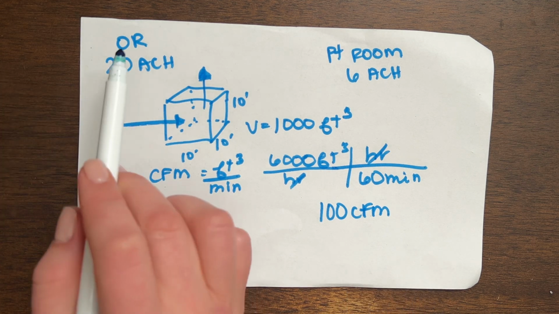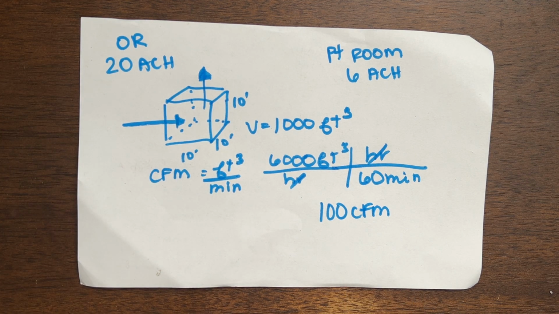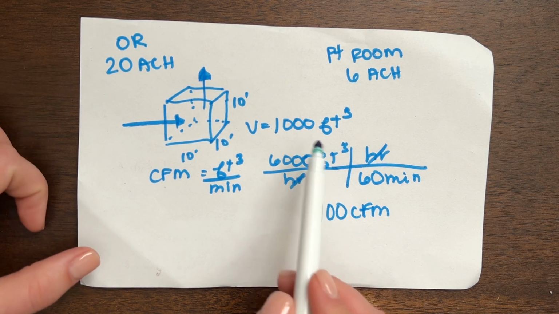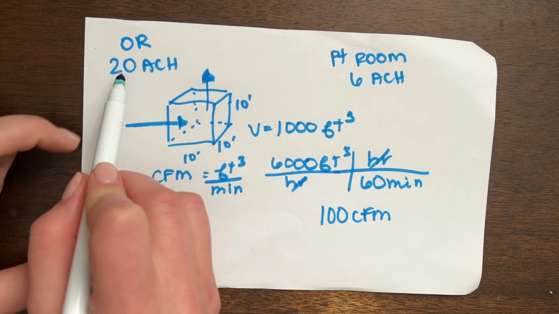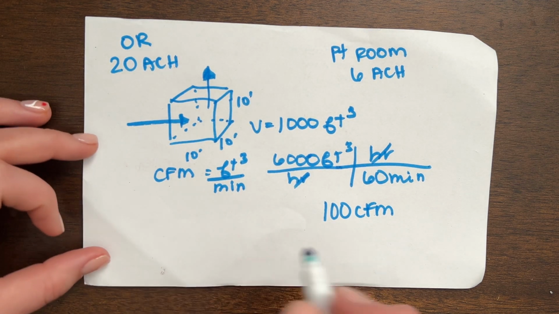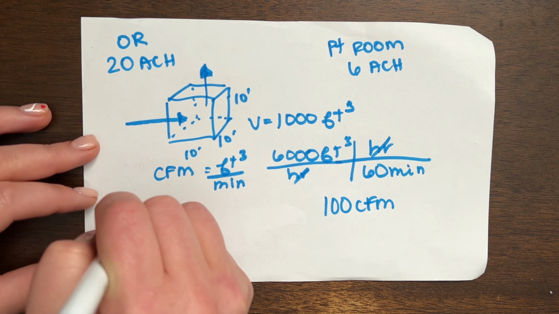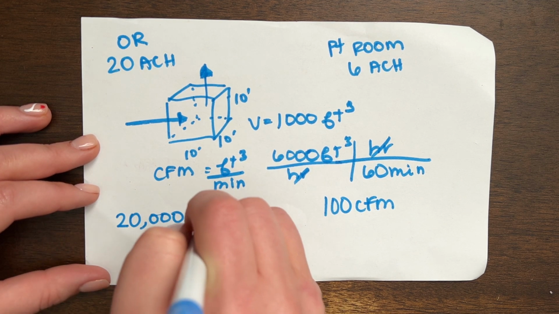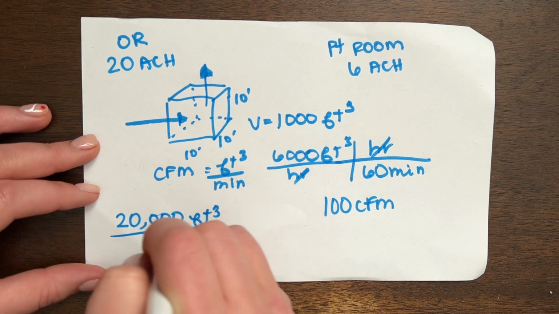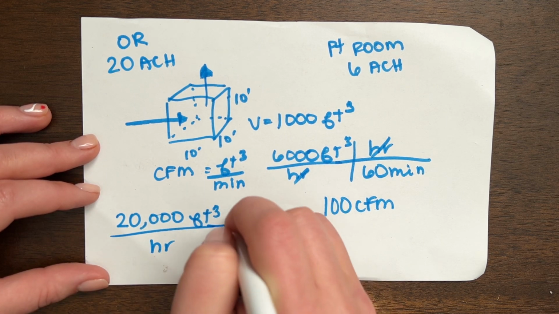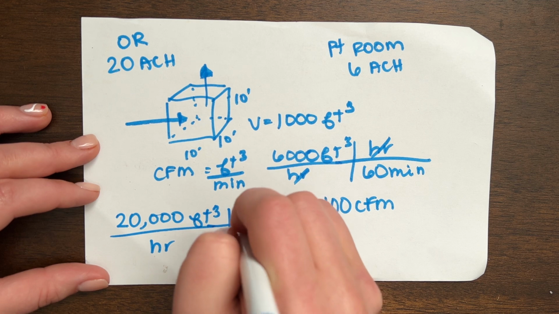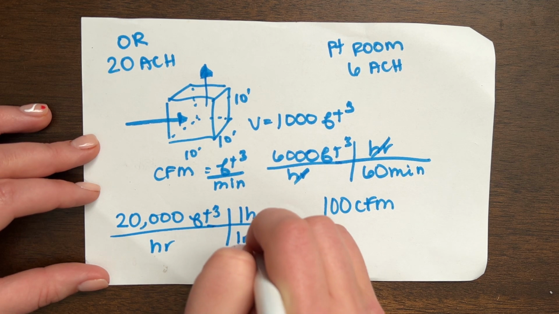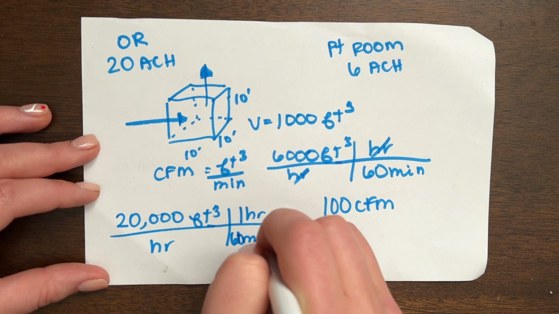Okay, so let's look at an OR. Same idea, right? So we have a 1,000 cubic foot space, but now we're requiring 20 air changes. So what that'll give us is 20,000 cubic feet per hour. We convert that 1 hour to 60 minutes.